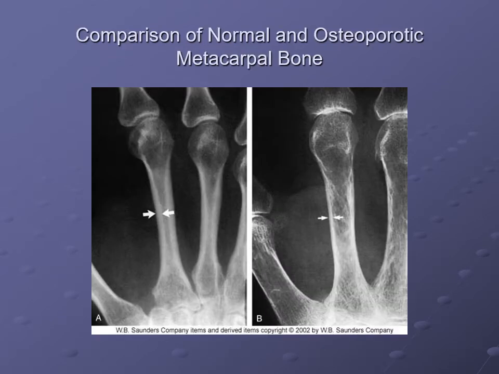This is looking at a comparison of normal and osteoporotic bone, and on the left you see how thick that diaphysis is in the phalanx there of the finger. And then if you look at the right side, how thin that actual bone is there, that compact bone, very, very thin and fragile.